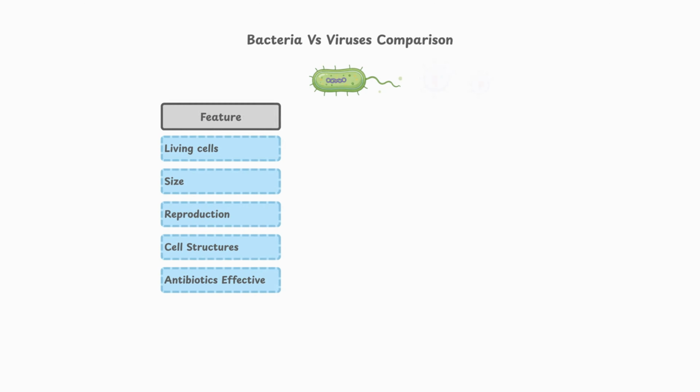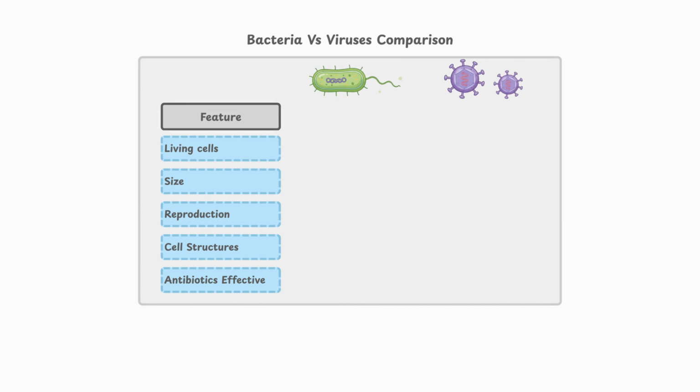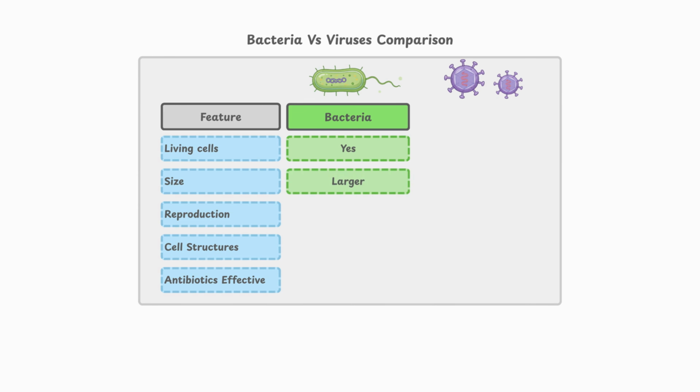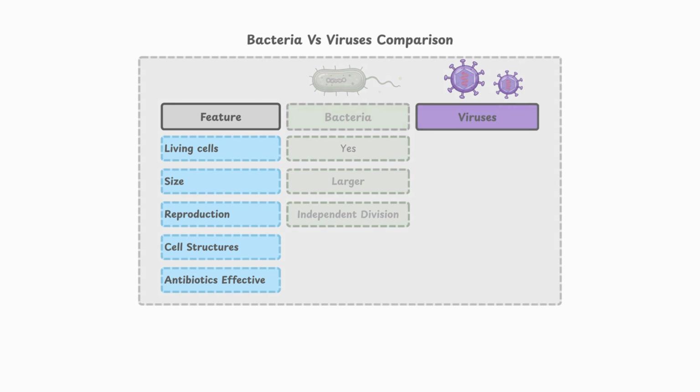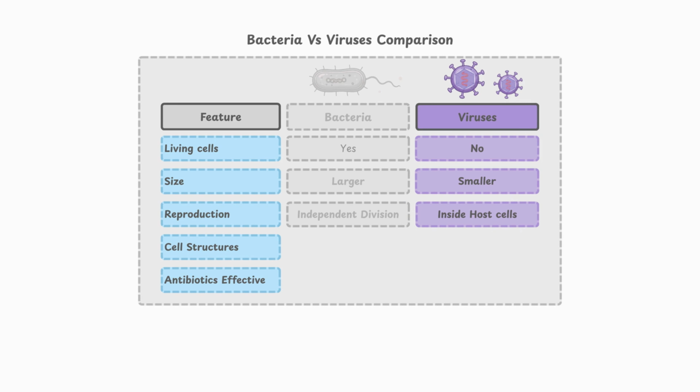Let's compare bacteria and viruses. Although both can cause disease, they are very different from one another. Bacteria are living, single-celled organisms. They are relatively large and can reproduce independently by cell division. Viruses, on the other hand, are much smaller and are not considered living cells. They cannot reproduce by themselves and must enter a host cell to make more viruses.